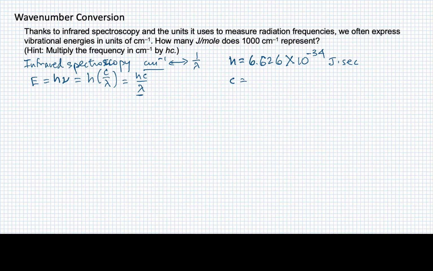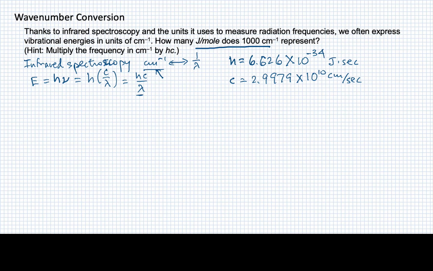The speed of light is 2.9979. And now, instead of writing it in terms of meters per second, I'm going to write it in terms of centimeters per second. So it's 10 to the 10th centimeters per second. The reason I'm using centimeters is so that I can cancel this unit of inverse centimeters here. And what we're going to be interested in is how do we express this amount of energy in units of inverse centimeters in terms of joules per mole.